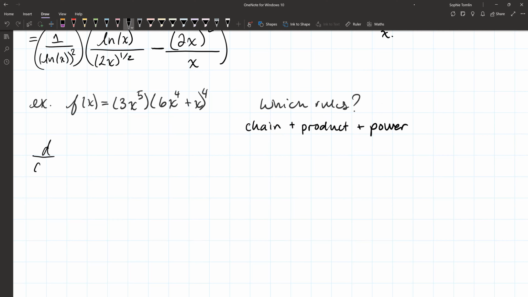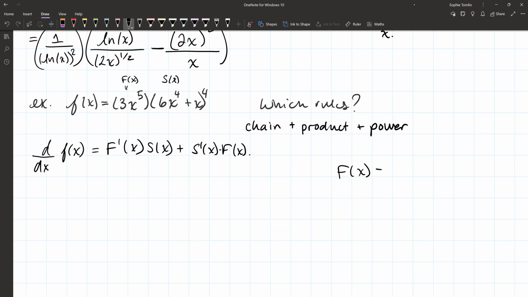So for the product rule, for this d dx f of x, let's call this one big F of x for first, and then S of x for the second. So we'll have the derivative of the first times the second plus the derivative of the second times the first. And then we'll start working out these bits on the side here.